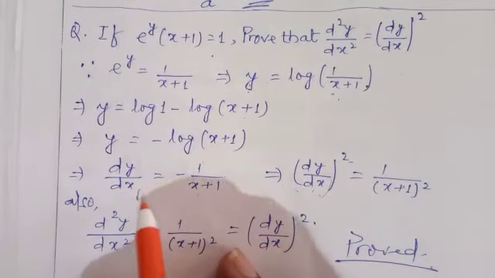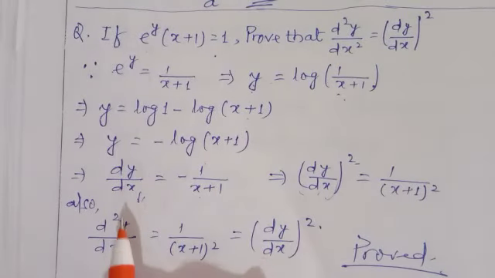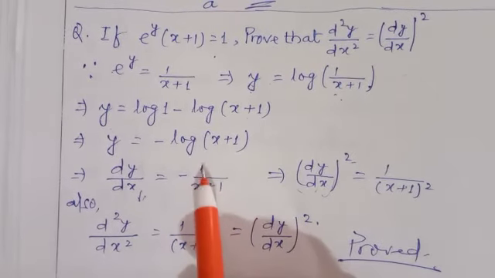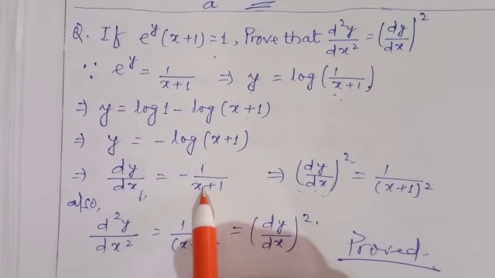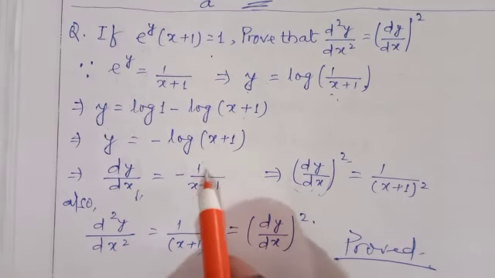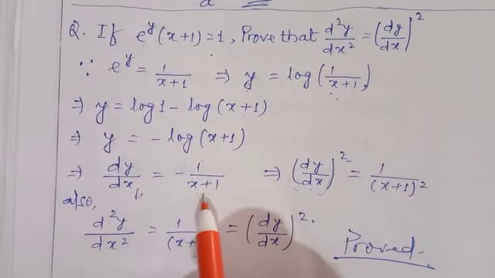Again differentiate this one with respect to x. So d2y by dx square, differentiation of 1 by x is minus 1 upon x square. So this becomes plus 1 upon x plus 1 whole square. You already know differentiation of 1 by x is minus 1 by x square.